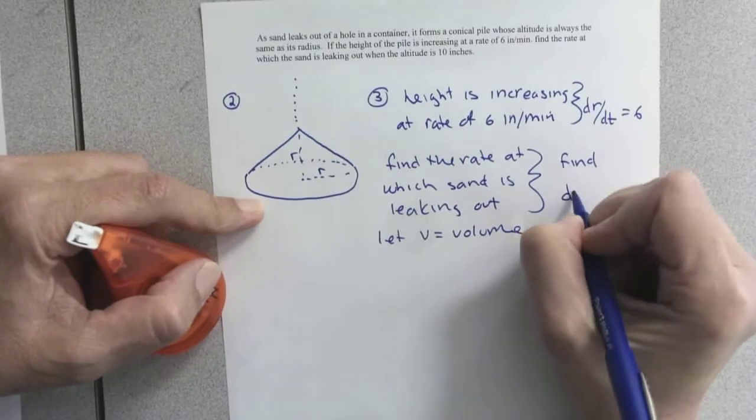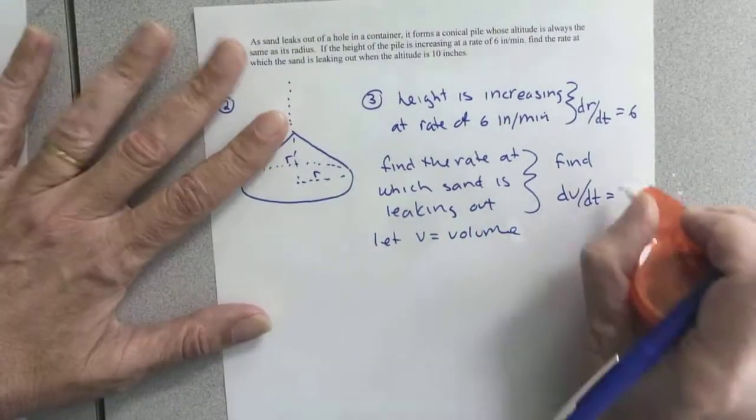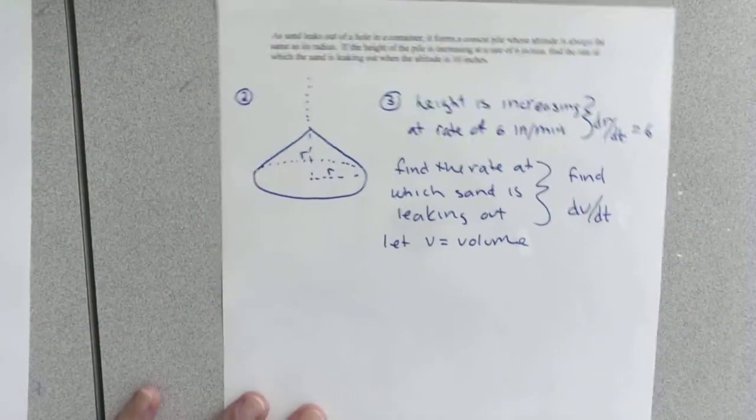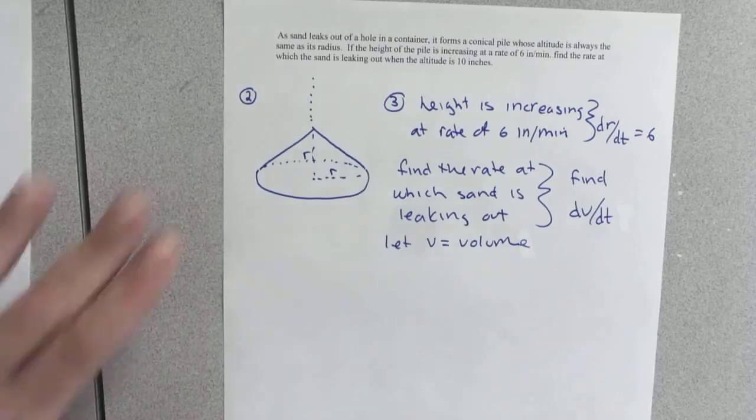This is telling me find dV/dt. Find the rate, rates are given by derivatives, at which the sand is leaking out. So find dV/dt.